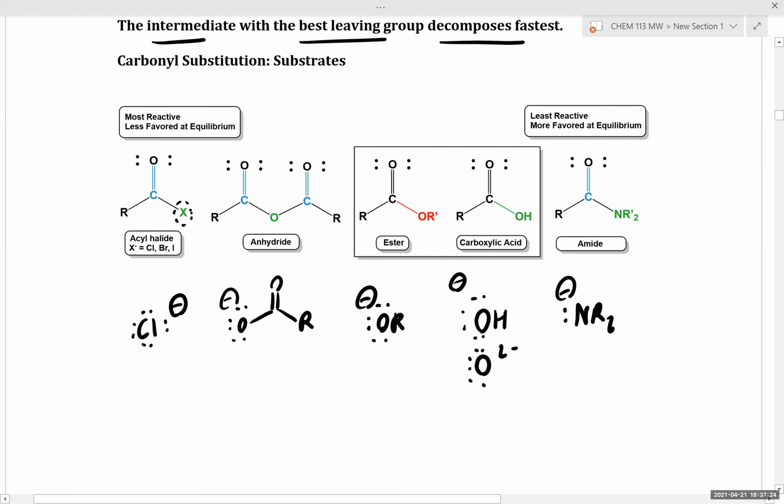So looking at these groups, which of these leaving groups would we argue is the best leaving group? Which of these anions listed is the best leaving group by far? The halide, right?